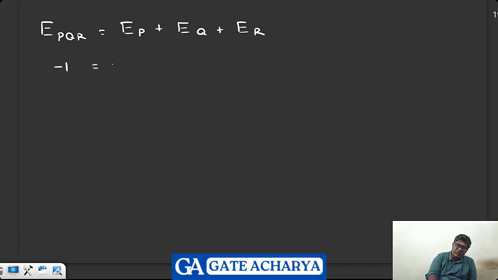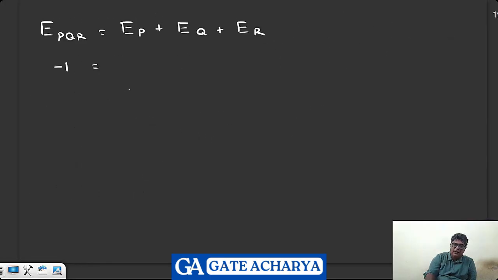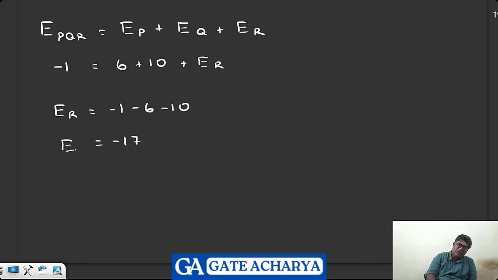Minus 1 equals efficiency of P, which is 6, plus efficiency of Q, which is 10, plus efficiency of R. Let's take this on the other side. So efficiency of R is minus 1 minus 6 minus 10, which is minus 17. So efficiency of R is working out as minus 17.